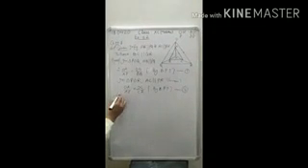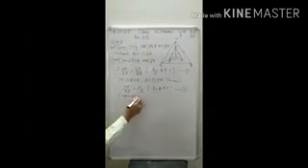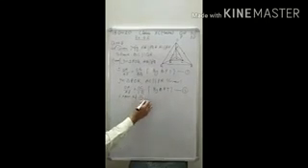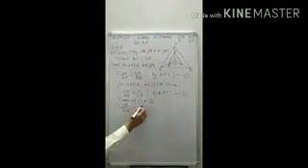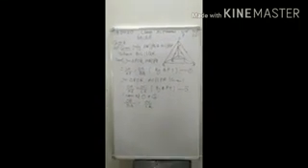So from equations 1 and 2, you will get OB by BQ is equal to OC by CR.